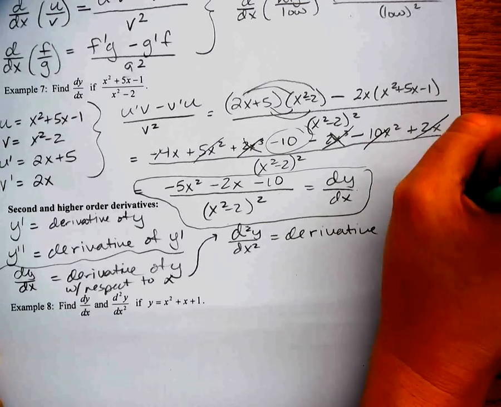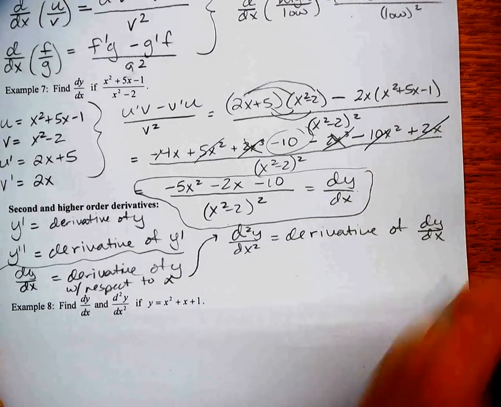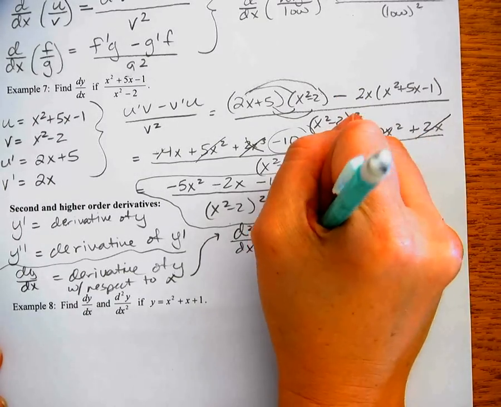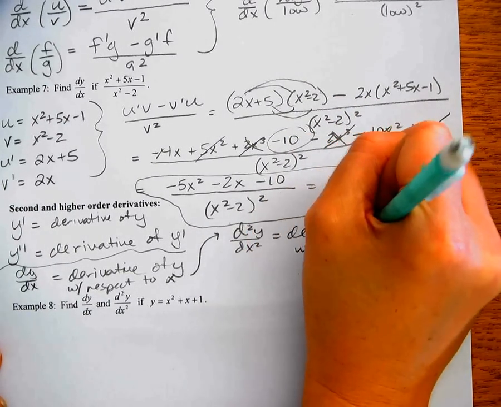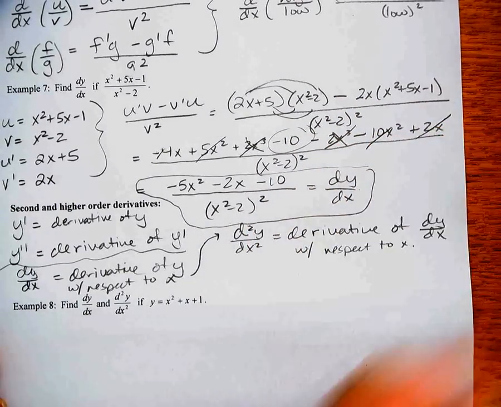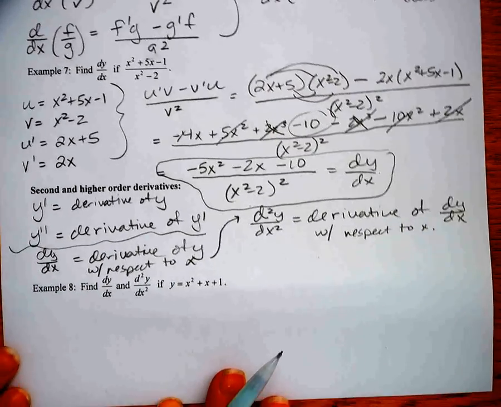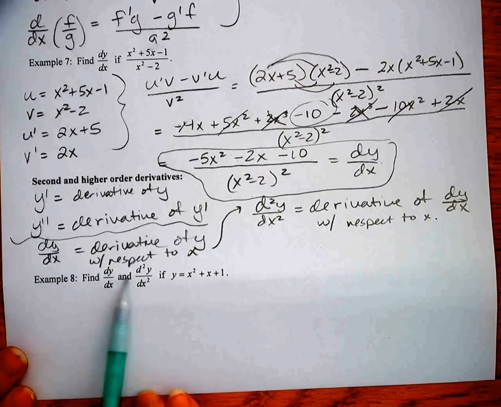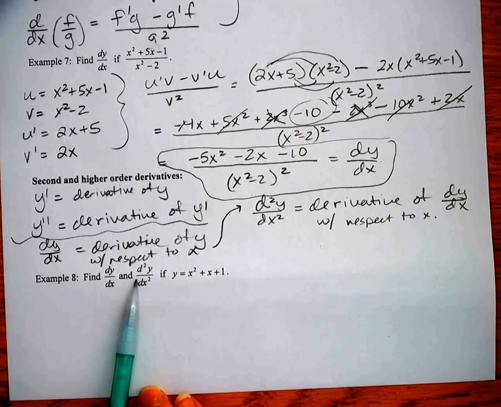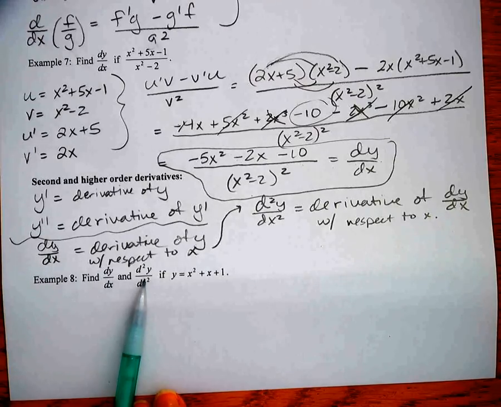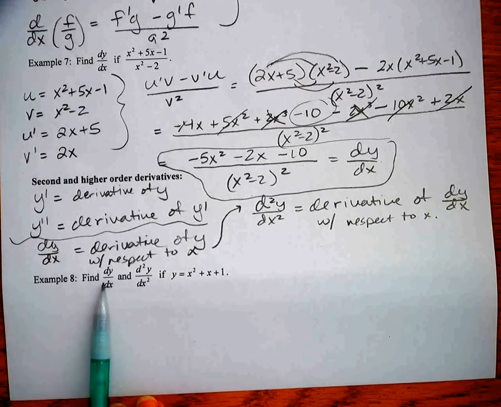It's the notation for the second derivative using the dy dx notation instead of y prime. That's just a little note on notation. For example, number 8 uses the dy dx and d2y over dx squared notation, which is basically asking for a first derivative and a second derivative, the derivative of the first derivative.